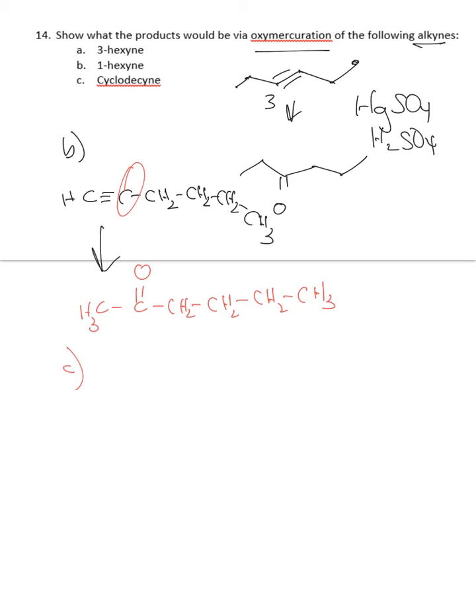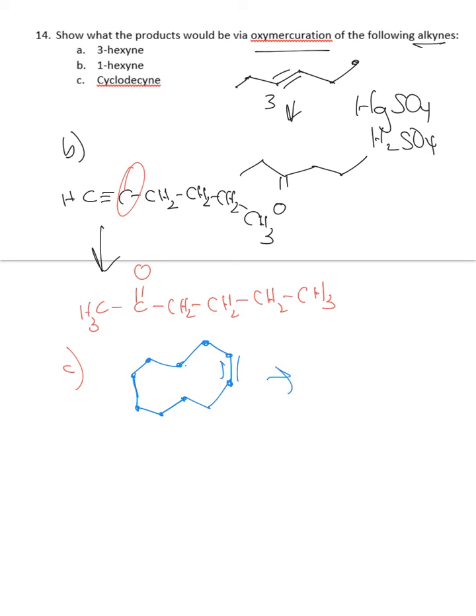On C, you've got cyclodecyne. Let me tell you, when you're drawing these 10-member rings, draw them like this, like you're going to close it up, and then draw another one. So 1, 2, 3, 4, 5, 6, 7, 8, 9, 10, and then draw your triple bond there.